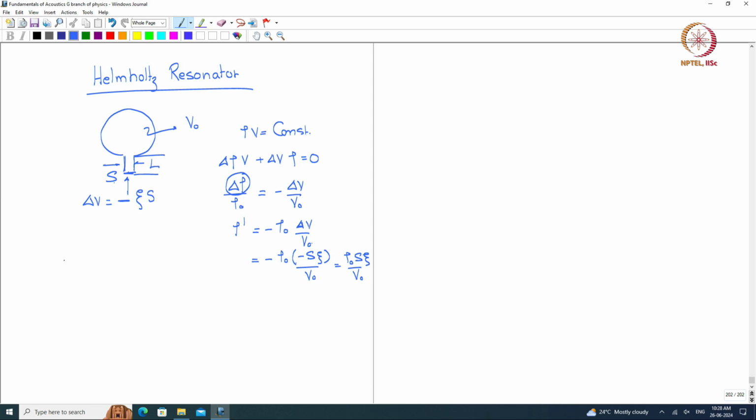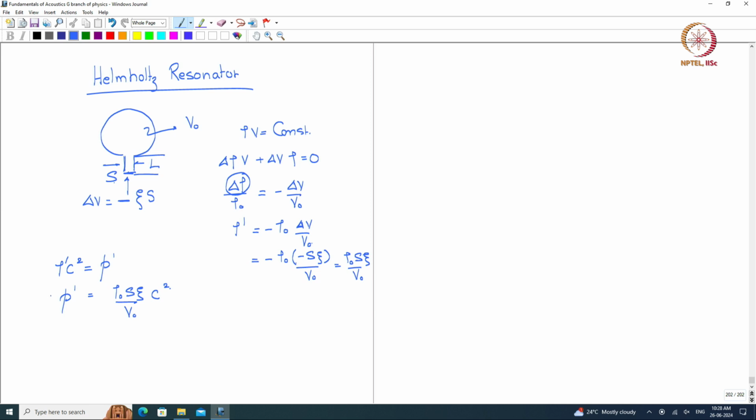Now, we know that rho dash c squared is the acoustic pressure. So, that means the acoustic pressure p dash is rho 0 S xi c squared over V0. And what is the force?